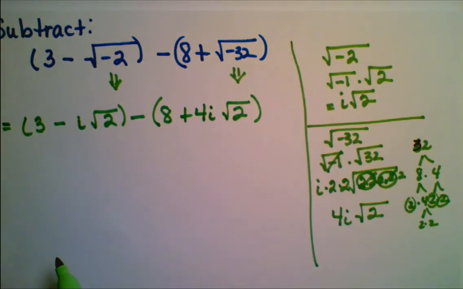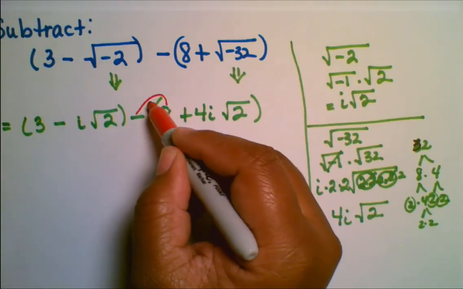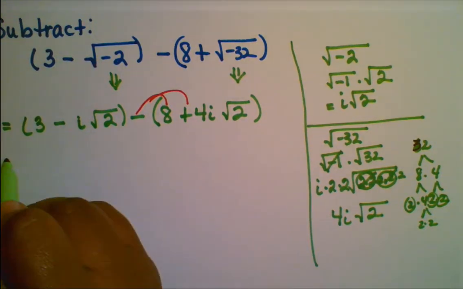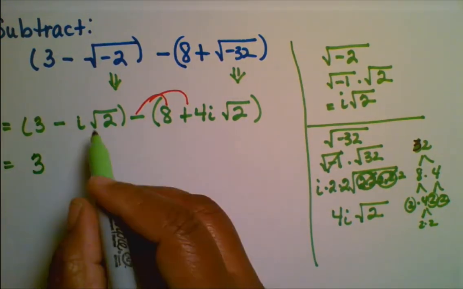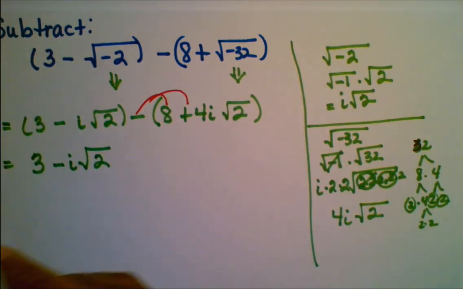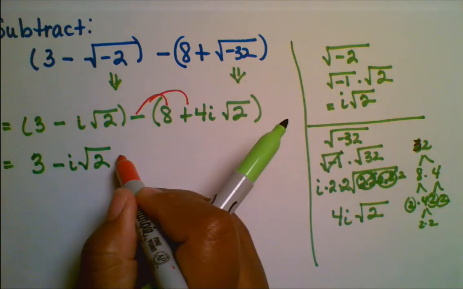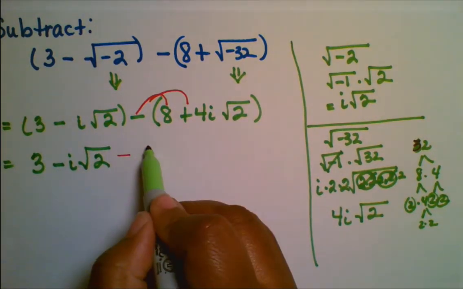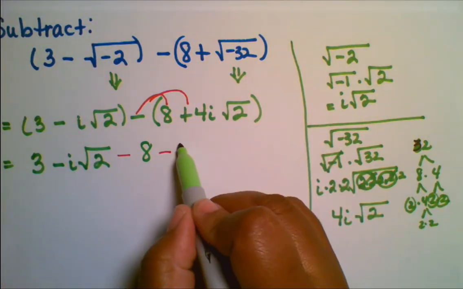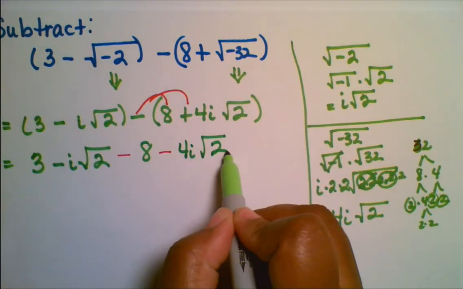All right, so because we have this minus sign, we're going to have to distribute the negative to the second parenthesis, to each of those terms. So we have, let's bring down the first term, 3 minus i square root of 2. Then we have minus 8 and then minus 4i square root of 2.